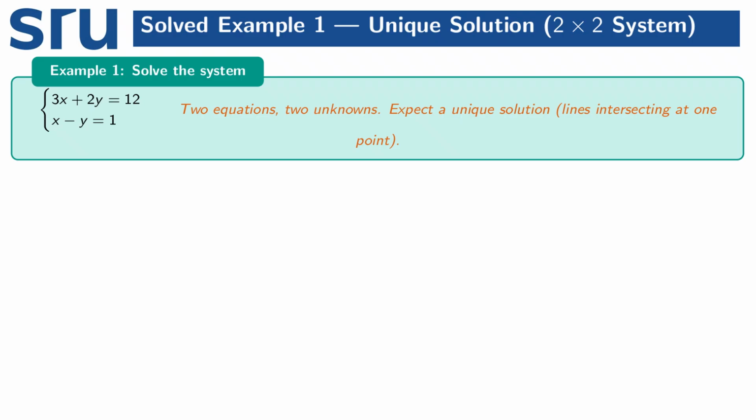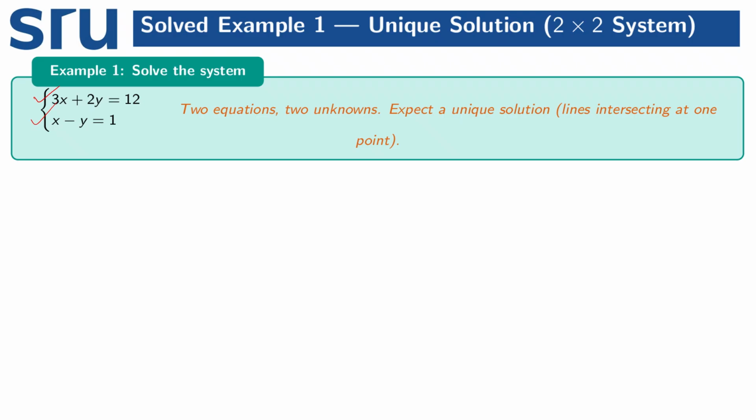Because generally 2 lines intersect at exactly one point. So let us read the system very carefully. The system is 3x plus 2y equal to 12 and x minus y equal to 1. Always remember, the first step is to understand the problem very carefully and clearly.